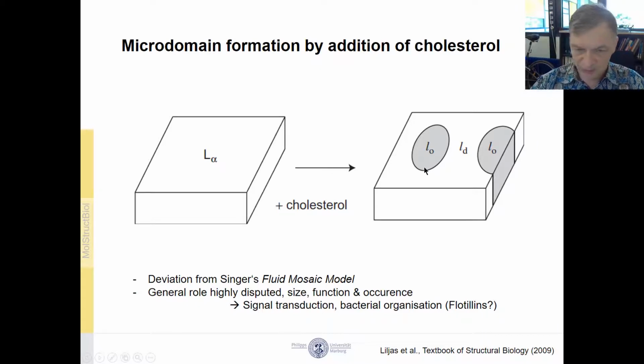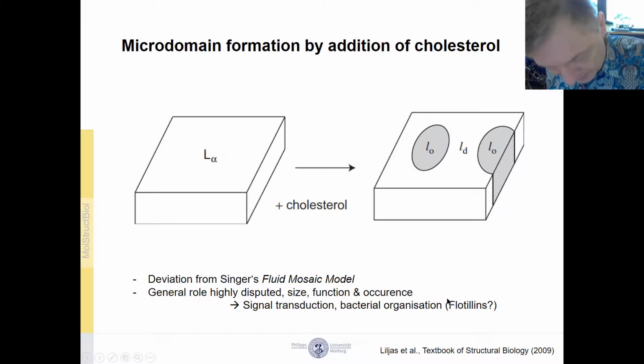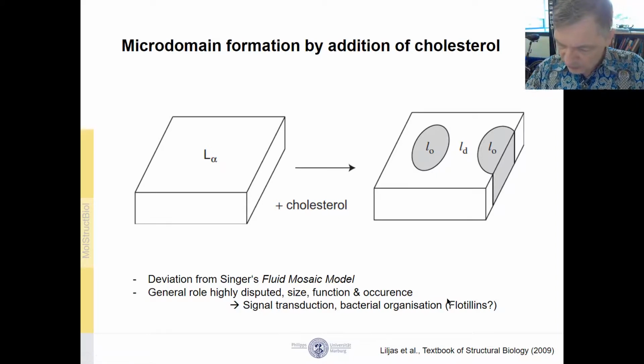That can be found. There are some proteins known which associate with these so-called rafts. For example, the flotillins. I think Peter Graumann worked until recently, or maybe still nowadays, on bacterial flotillins from Bacillus subtilis, because there is the question of how important these lipidic rafts are. Do they also occur in bacteria or not?